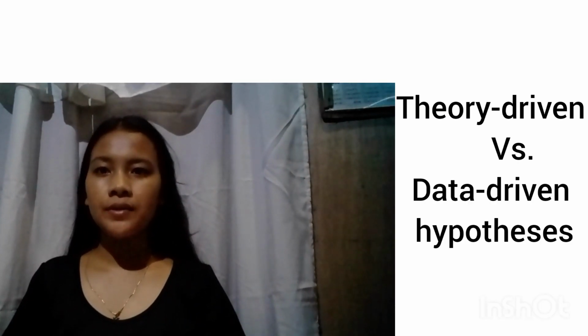theory-driven versus data-driven hypothesis. A hypothesis that is based on existing theory to explain the relationship of variables and the effects of one variable on the other variables is theory-driven, but if it is based on the findings of previous research, it is a data-driven hypothesis.